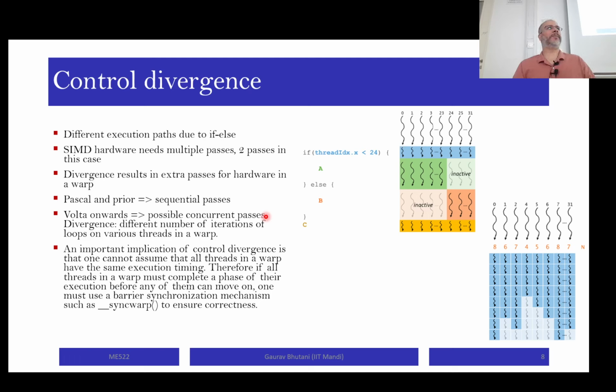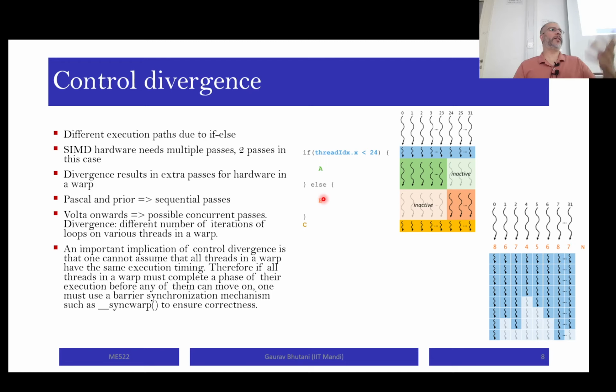But there is a situation which is an exception. This idea is called control divergence. Let's look at this figure that we have on the board. You have a condition that if thread ID is less than 24, you do the logic A, else you do the logic B. So there is a different execution path depending on the if else statement here. In this case, all the threads in a warp cannot execute in one pass.